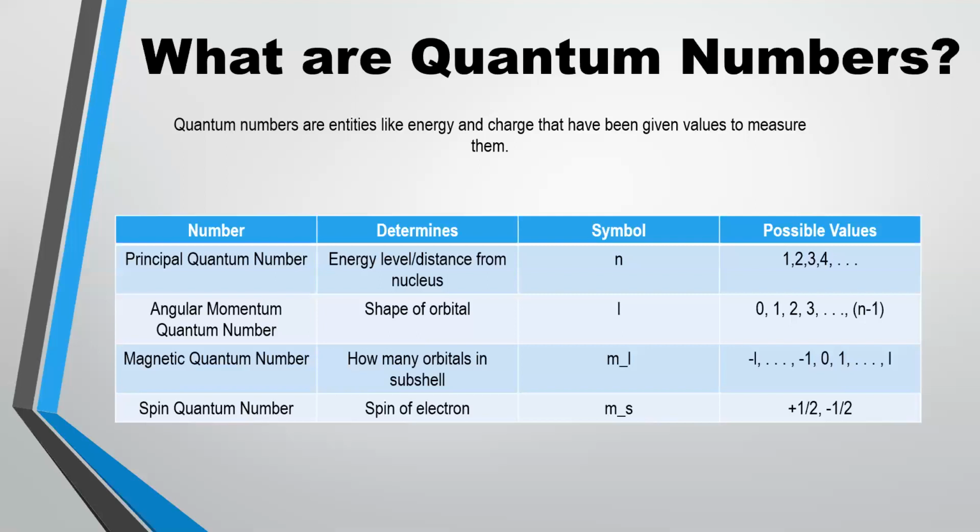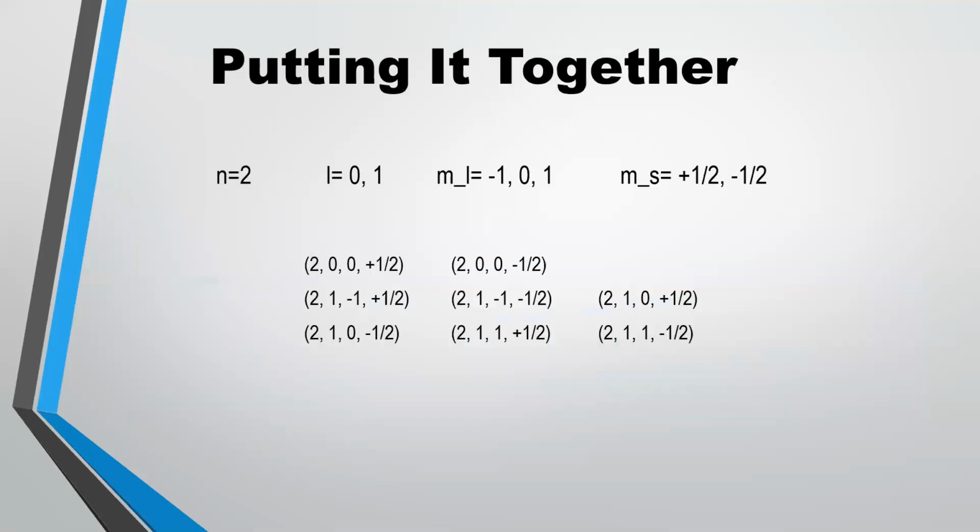Now, you may be wondering how quantum numbers apply to electrons. We mentioned a little bit about the spin and the distance from a nucleus. So this next part, we're going to put all the quantum numbers together, state what they mean for the electrons, and then tie the Pauli exclusion principle into the physical world around us.